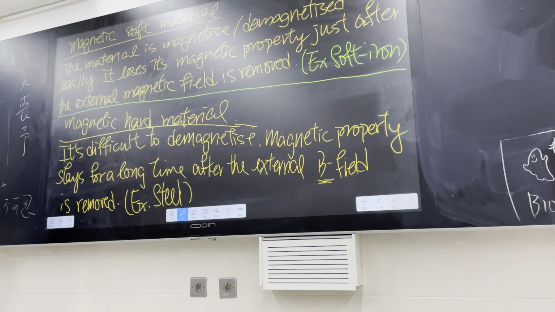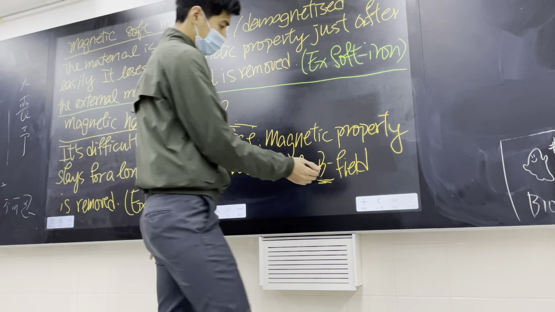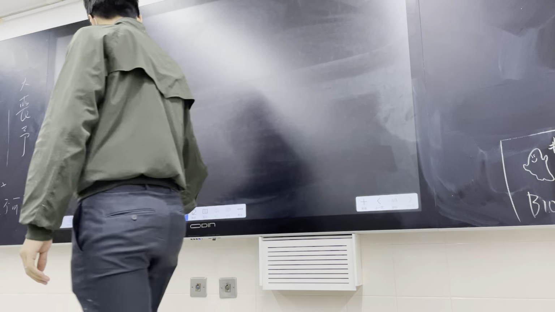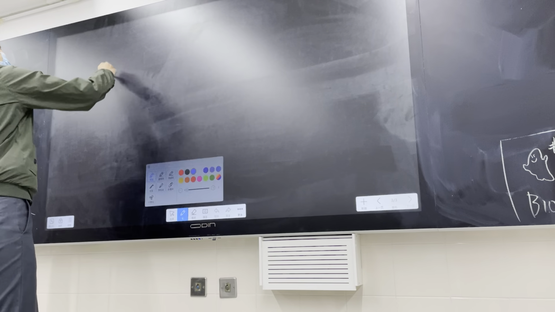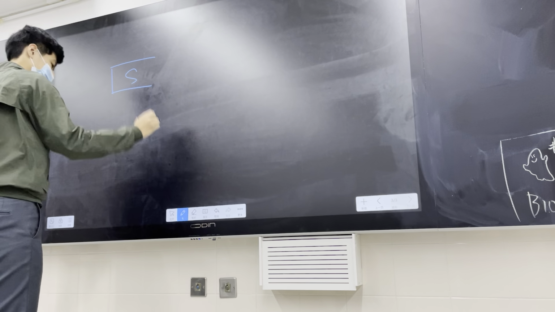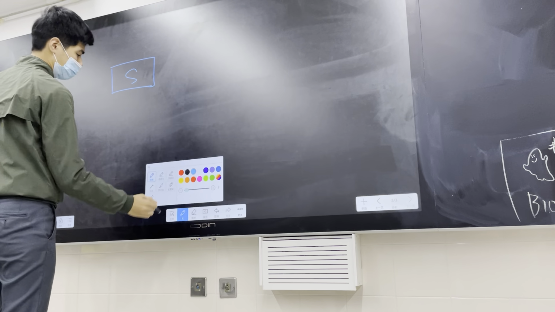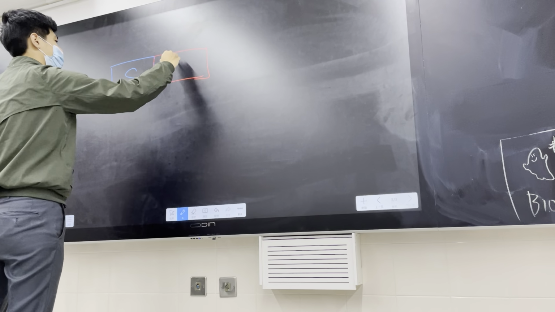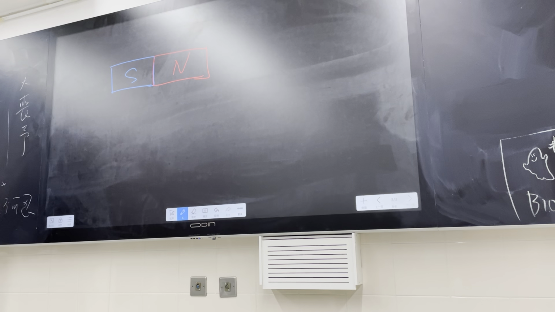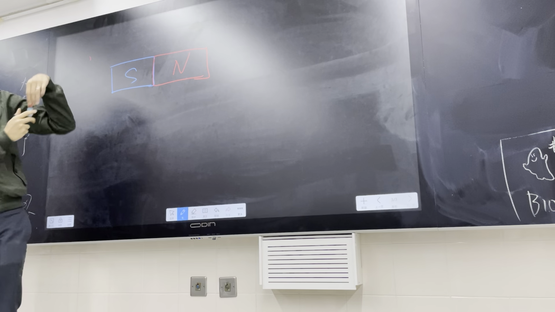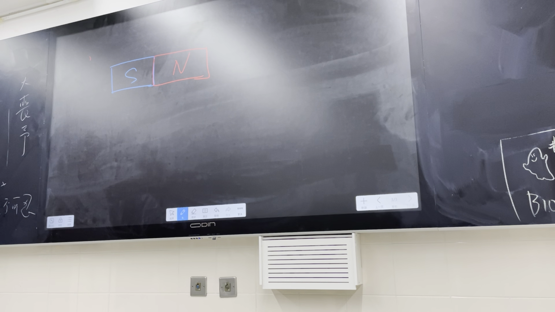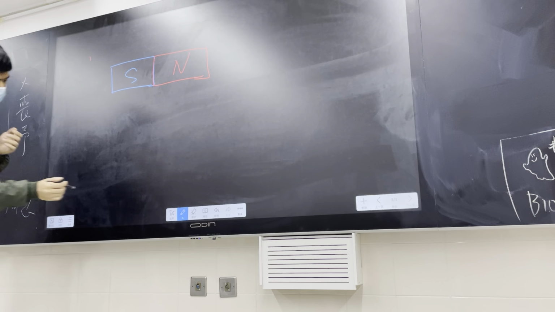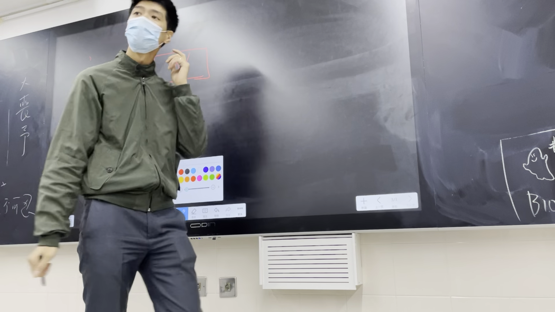Okay, so I'm going to move to the next page. It tells you how to find the magnetic field lines around the magnet. So if I give you this magnet, normally we use red to represent the north pole and blue to represent the south pole. If I ask you to draw the magnetic field lines, what can you do?